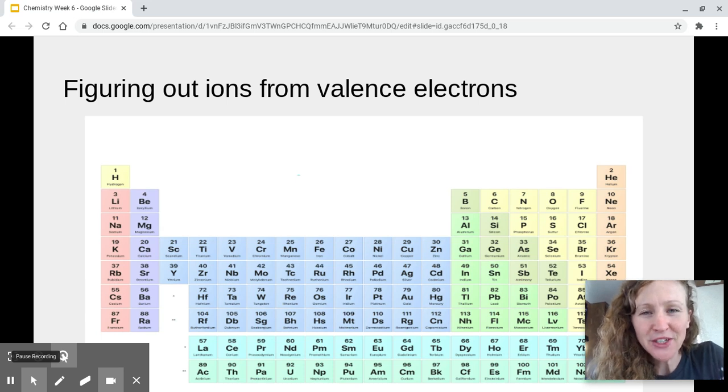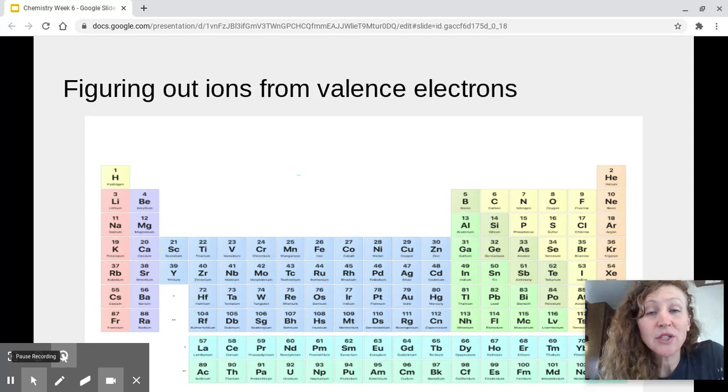Hey Chemistry, we're going to talk through ions and how you can figure out what charge ions form from valence electrons. The power of being able to do this from the periodic table is that you don't have to memorize 118 different charges for 118 different elements.